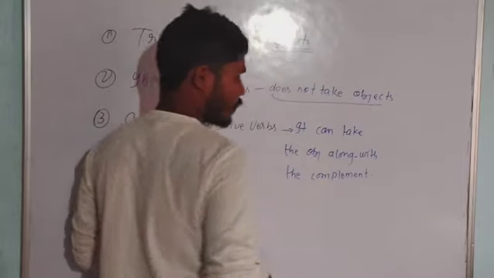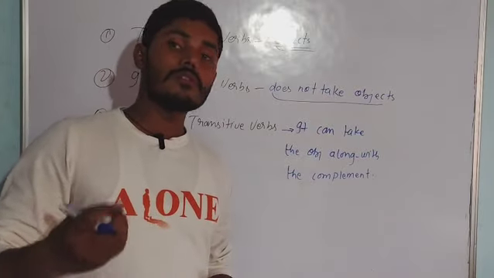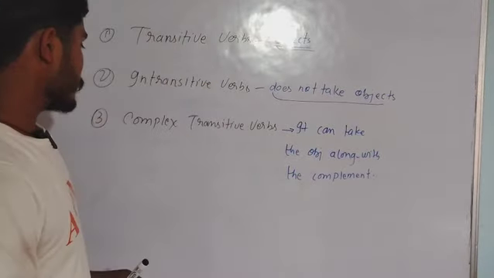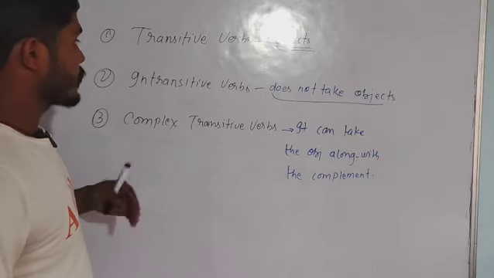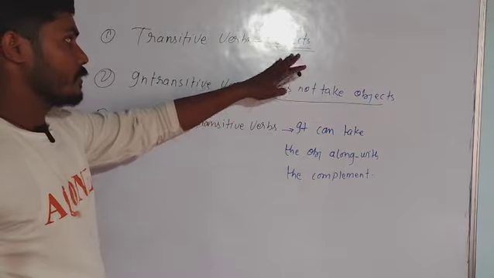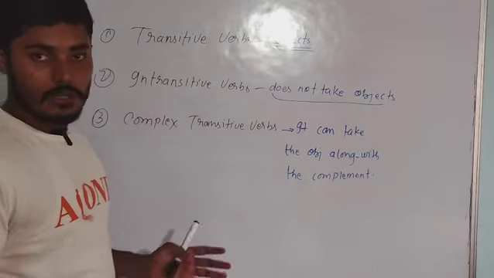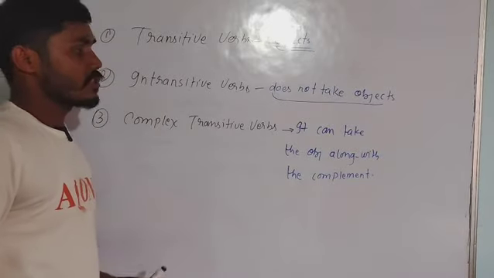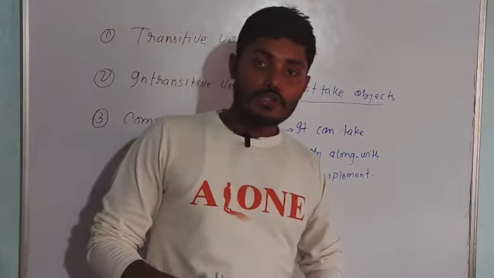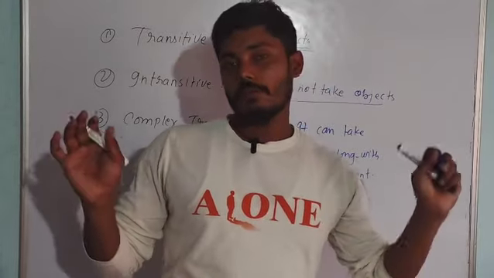That's the additional thing about the complex transitive verbs that makes it a little bit confusing to the learners of English language. So here we can see that transitive verb is the kind of verb which takes object. Intransitive verb is the kind of verb which does not take any object, and complex transitive verb is the verb which takes an object along with the complement.